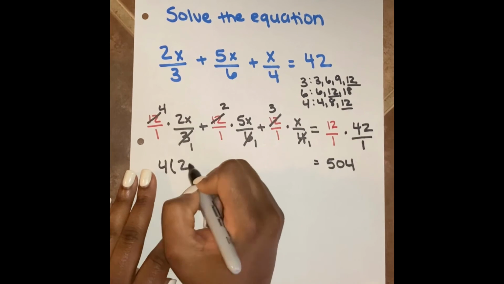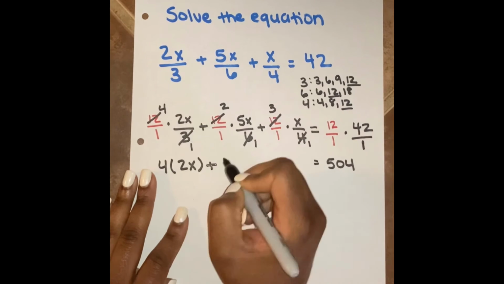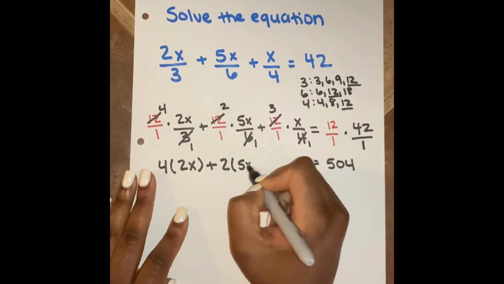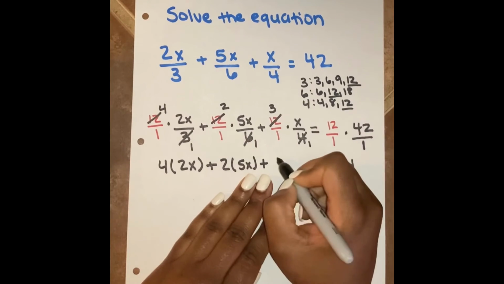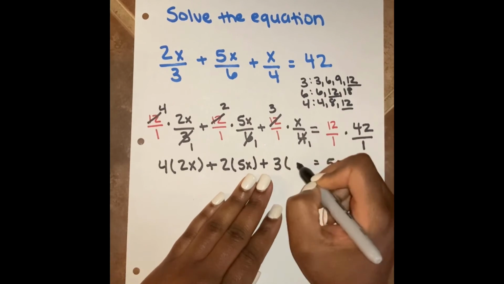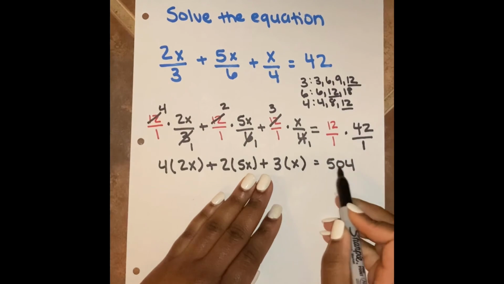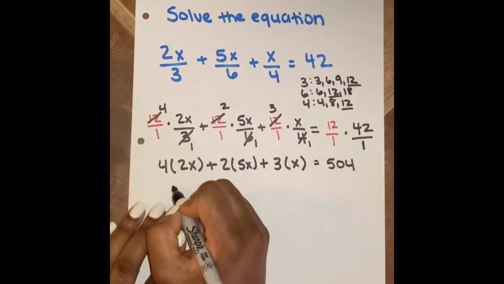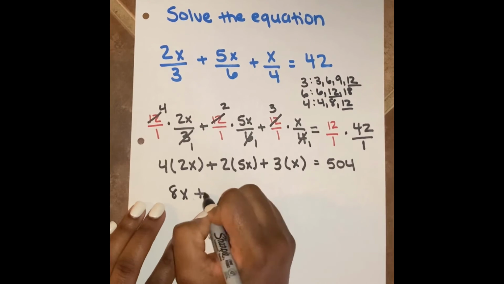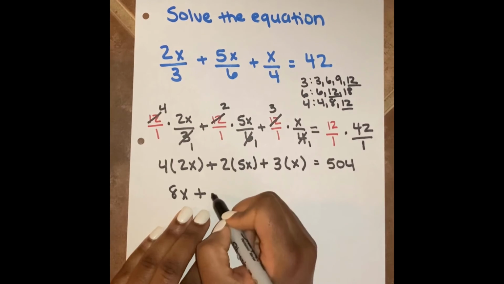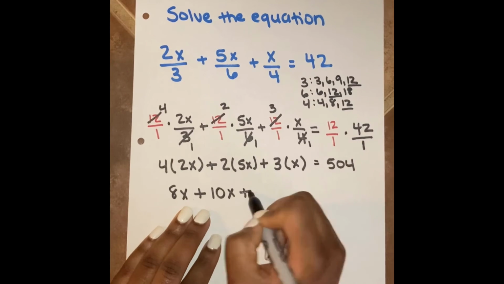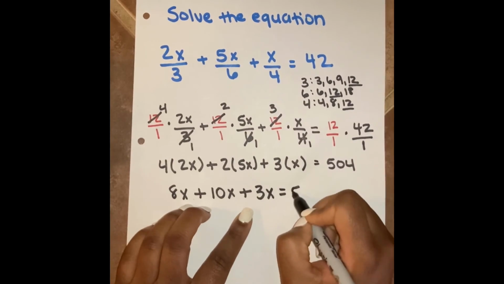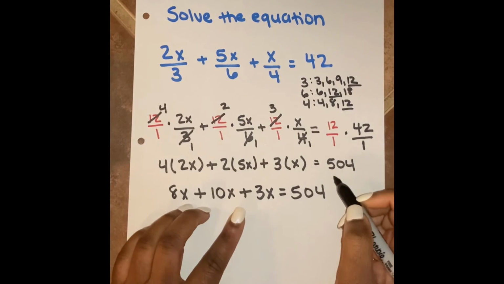We're going to multiply that by 2x plus 2 multiplied by 5x plus 3 multiplied by x is equal to 504. So 4 times 2x gives us 8x plus 2 times 5x gives us 10x plus 3 times x gives us 3x is all equal to 504.